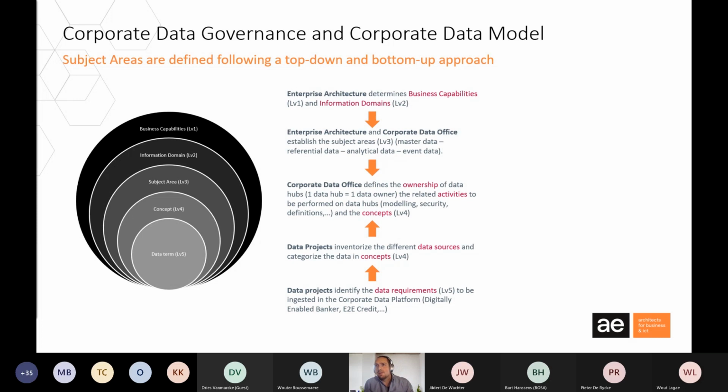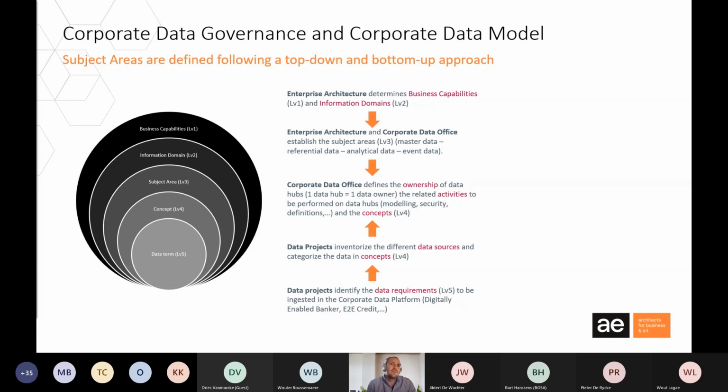I will give an example later on, but the most important part is that we arrive at a level that we called subject area in this exercise, the definition of the corporate data model at Belfius, where the ownership of a specific area is well defined and unambiguous.